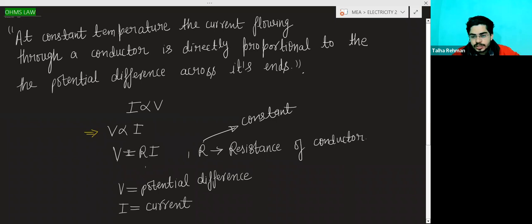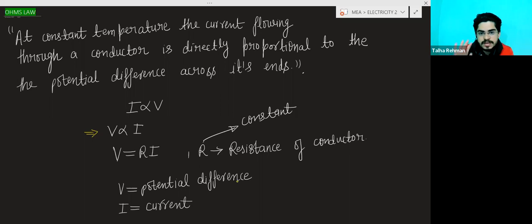This is I, and this constant term is known as the resistance of the conductor. This constant term is the resistance of the conductor, and what is V? Potential difference across the ends of a wire or conductor.